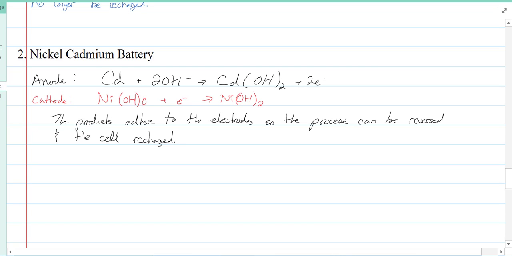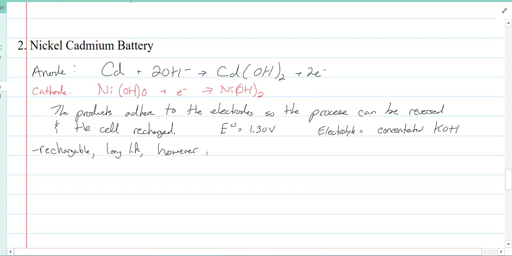Kind of fun. The voltage is about 1.30 volts, and the electrolyte is concentrated KOH. These are rechargeable. They have a long life. Right? However, if I can spell however right.